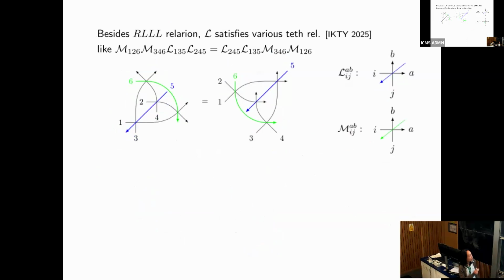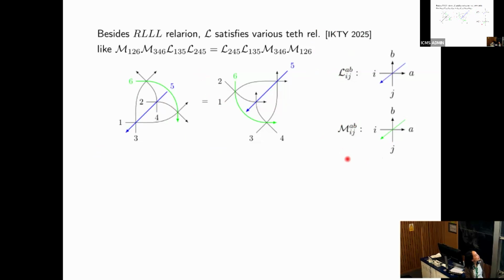Then, to construct the commuting family of layer transfer matrices, we need a new tetrahedron relation, the MLL relation. This is a new one written in our latest paper. Besides L, we introduced another operator M, like this.